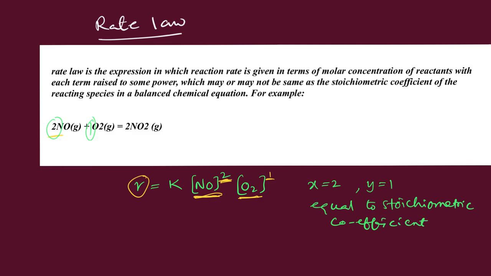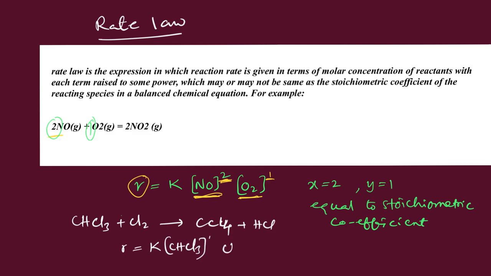Now, if I write any other reaction, the powers may not be the same as the stoichiometric coefficients. For example, here given is chloroform plus chlorine converting into CCl4 plus HCl. If I write the rate law for this, rate is equal to k [CHCl3] power 1 and [Cl2] power 1 by 2.